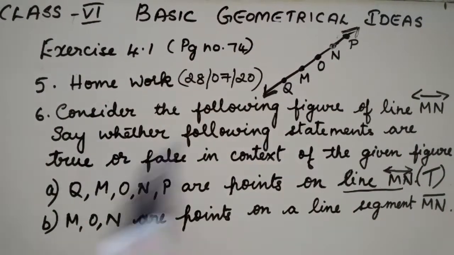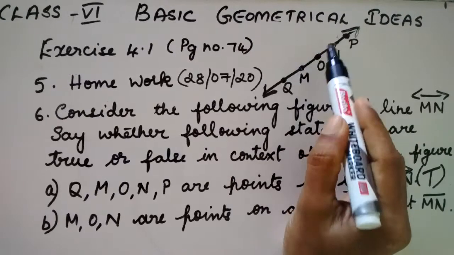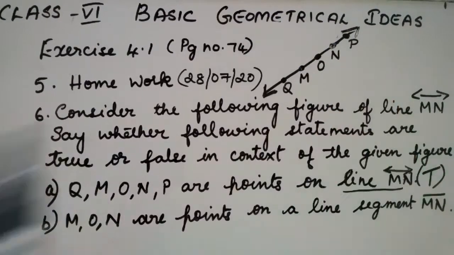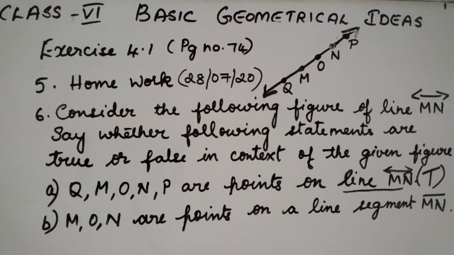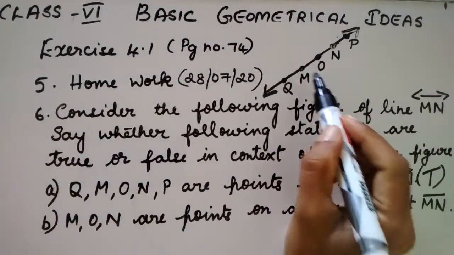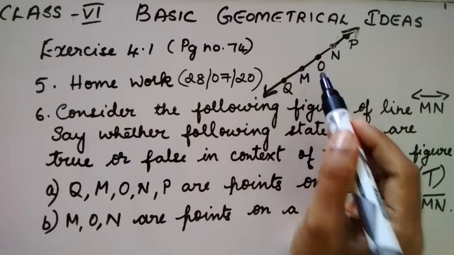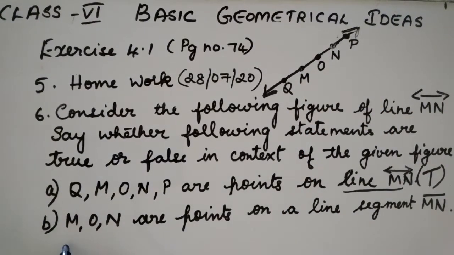Line segment has two fixed points, one fixed point is M and other fixed point is N. So M and N do not extend further. So the points M, O, N lie on line segment MN. So this is also true.